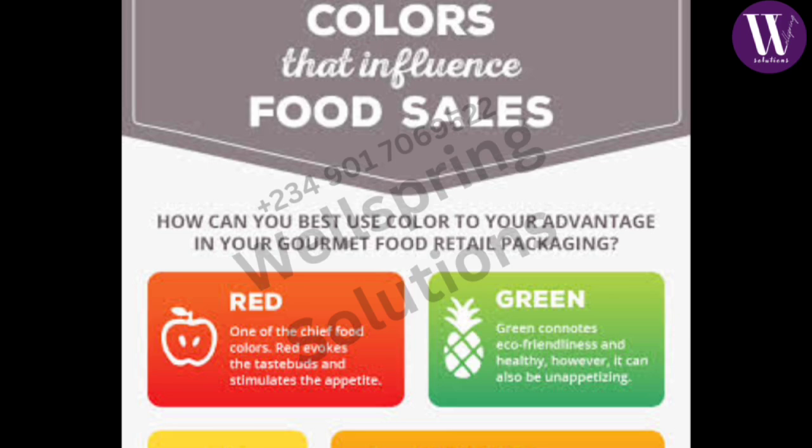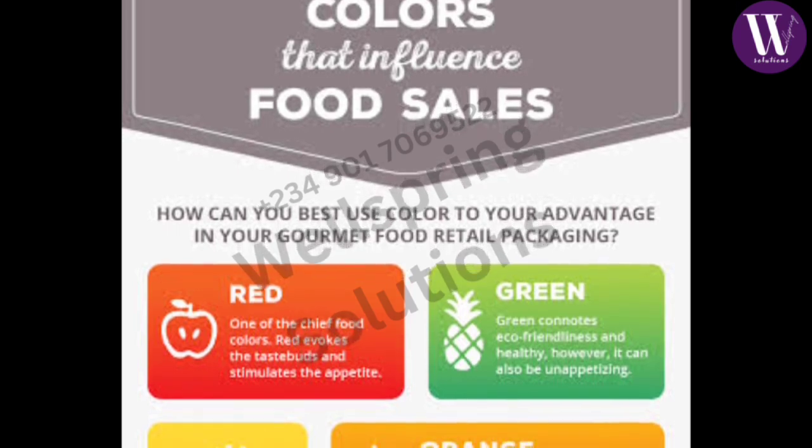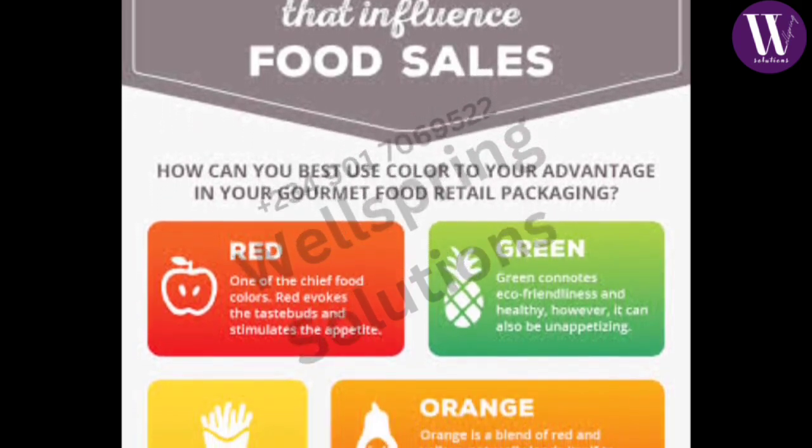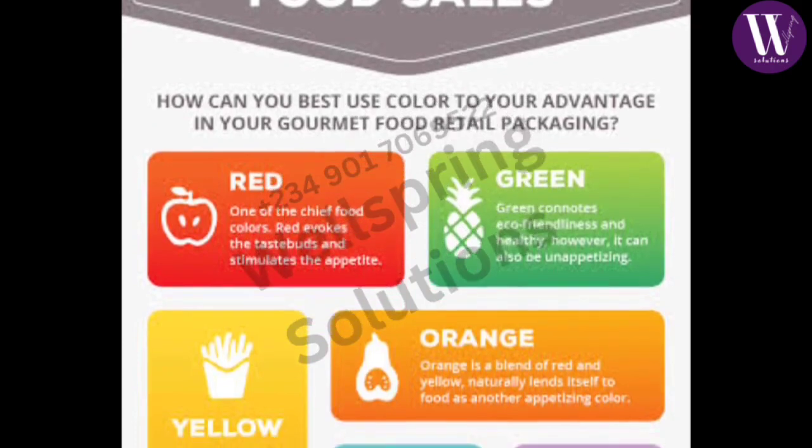If you look at the designs for food flyers, you would see that the colors they use in most times are red and orange. You can check around. That's what they use because it stands out and invokes the taste.